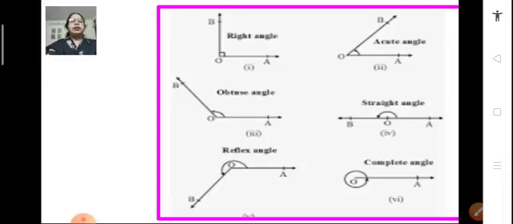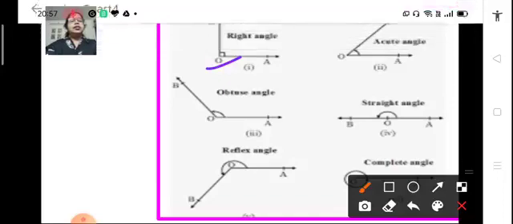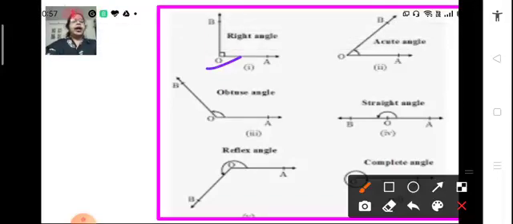We have different types of angles here. In the first one, you can see a right angle. This is a right angle, and an acute angle, which is less than 90-degree measure. Here, an obtuse angle, more than 90 degrees but less than 180 degrees. Then we have a straight angle, which you have learned.